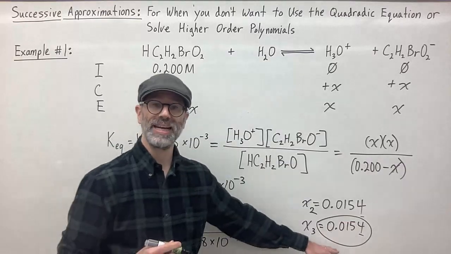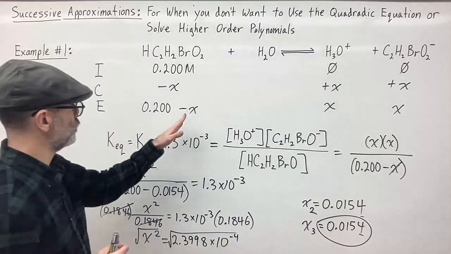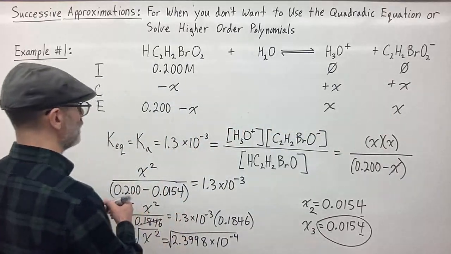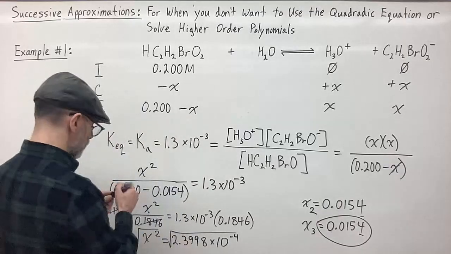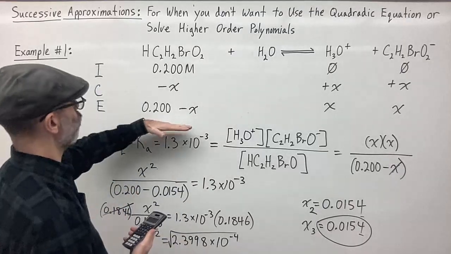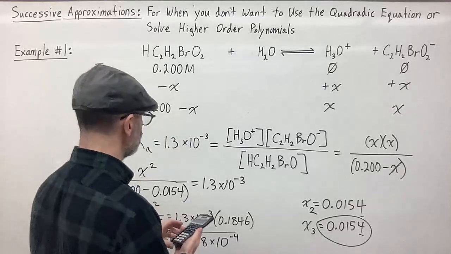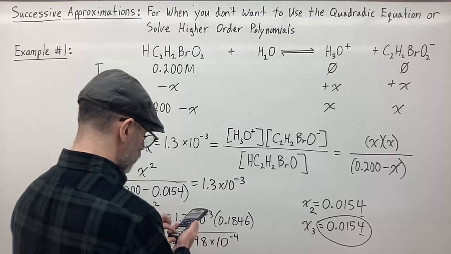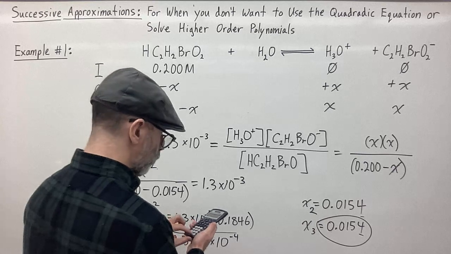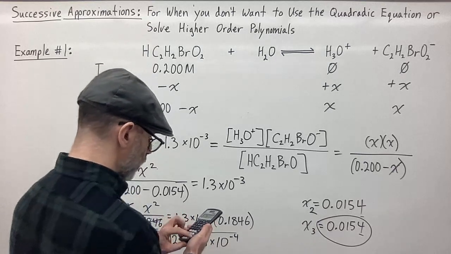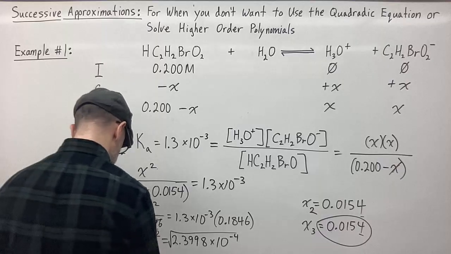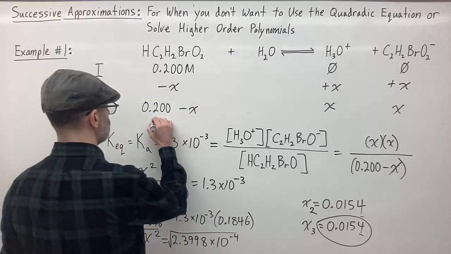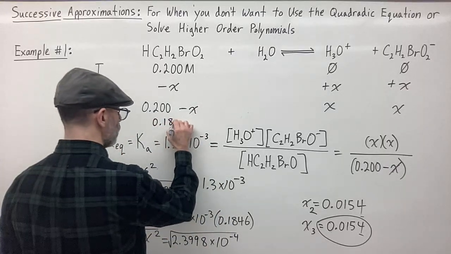So now what I can do is take that value and plug it into x here and x here and x here. So the concentration at equilibrium for the acid is going to be 0.2 minus 0.0154 equals 0.184.